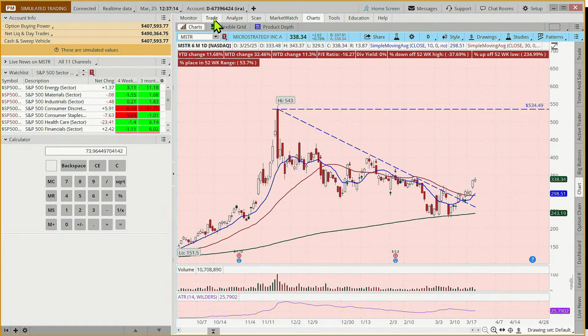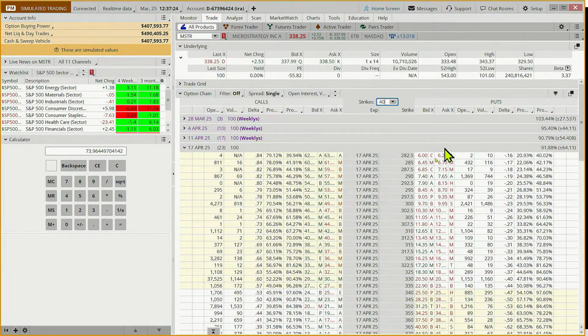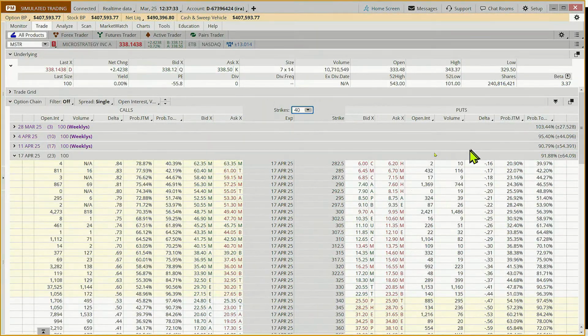Well, if we come to the trade tab and look at the options and come down to 283, here's 282.50. What are the probabilities? And this is the probability of it touching. It's about a 40% chance.